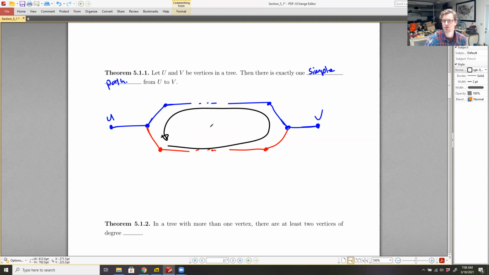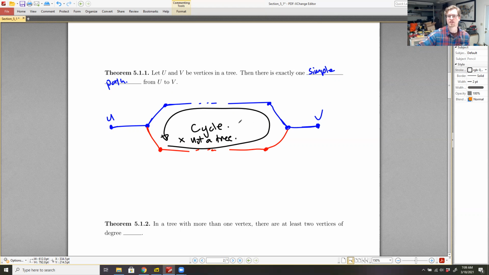This is a loop, or a circuit rather. And much like any path contains a simple path, in any circuit you can find a cycle. So this would mean that it's not a tree. But we're assuming that it is a tree.